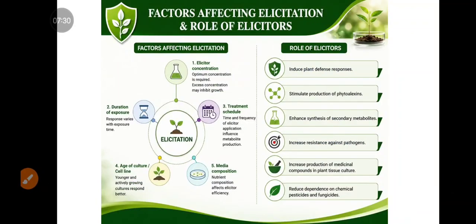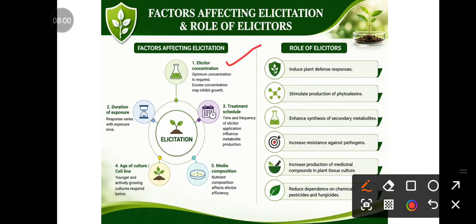Next, the factors affecting elicitation. When an elicitor is inside a plant, it will definitely elicit the defense response, but to what extent the defense will be triggered is decided by some factors. First, the concentration of the elicitor. Optimum concentration is generally required. If excess elicitors are there, they may inhibit the growth of the plant.